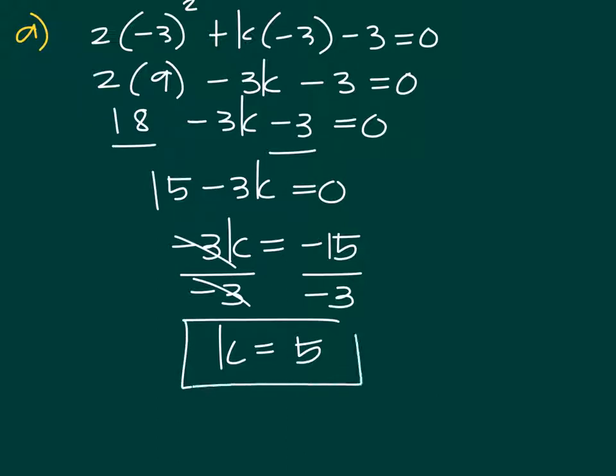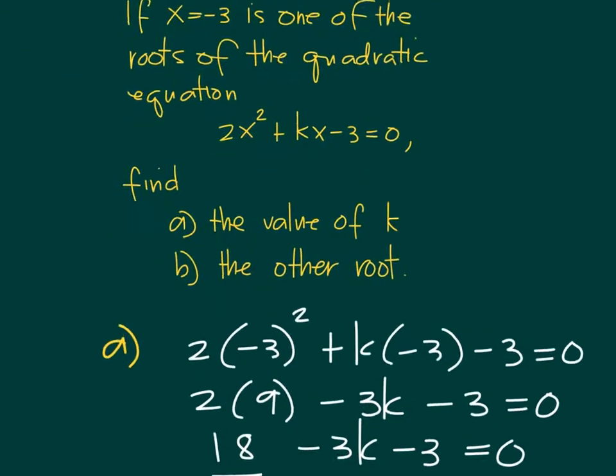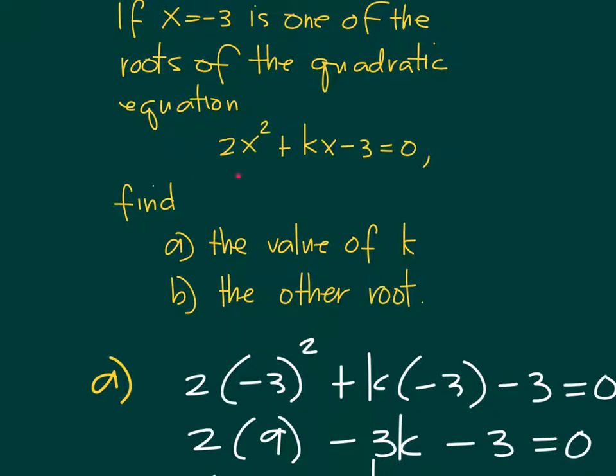You see? So we were able to find the value of k. Now, if you look at the equation, it says 2x squared plus kx minus 3 equals 0, and k now is 5. So this equation will turn into 2x squared plus 5x minus 3 equals 0.